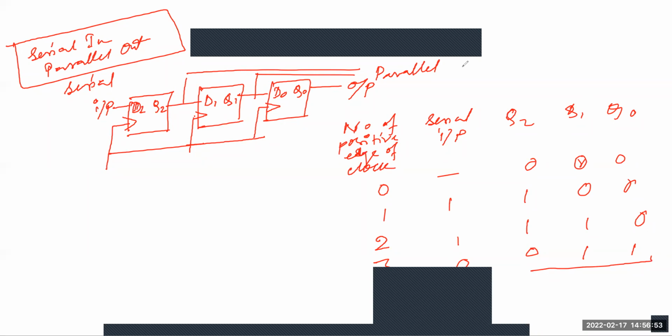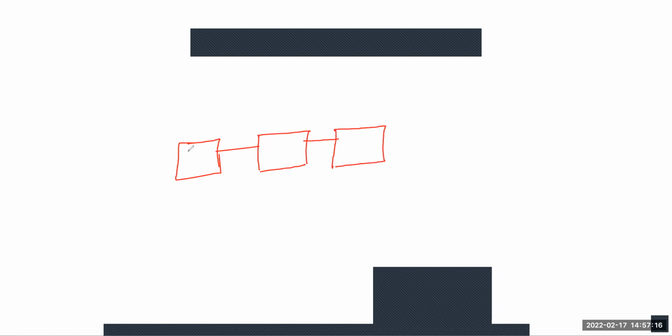So for this case, so first, okay, so this is D2, Q2, D1, Q1, D0, Q0.